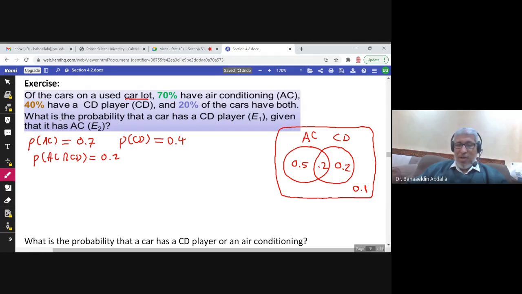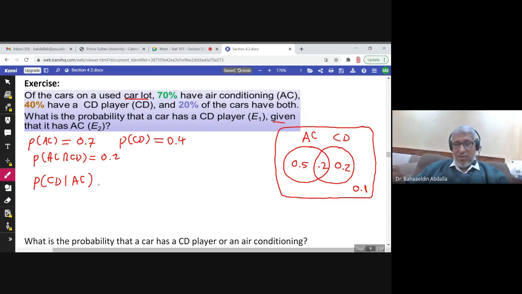So the question says, what is the probability that a car has a CD player given that it has AC? Given means conditional. So I know that the car has air conditioning, but what would be the probability that it would also have a CD player?